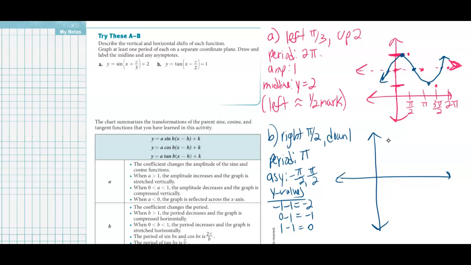So I'm going to sketch my graph. Put my asymptotes, 2 left, 2 right, cutting that in half, doubling the denominator. And then I'm going to look at that shift right. I'm just going right pi over 2.